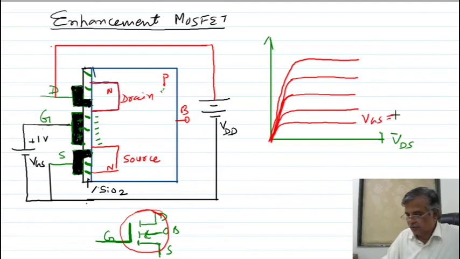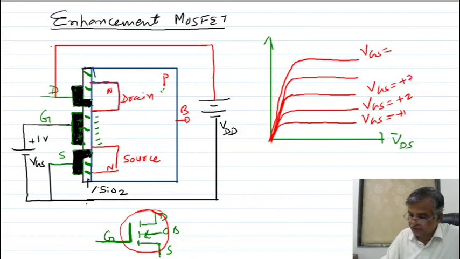VGS is equal to plus 1, plus 2, plus 3 volt, plus 4 volt, plus 5 volt.